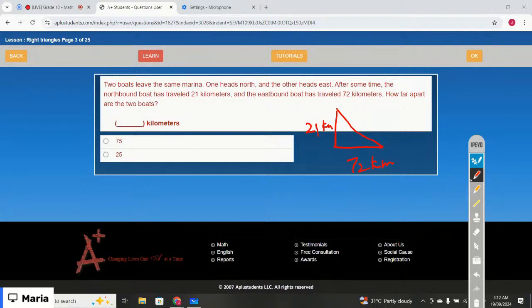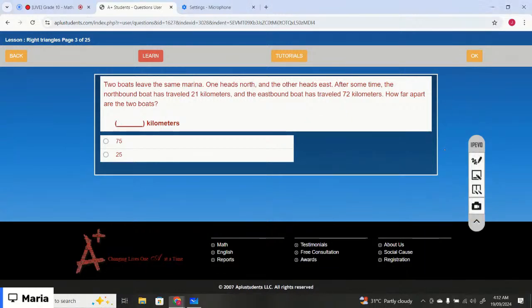The correct option is 75 kilometers. Option number 1 is the correct option, that is 75 kilometers.